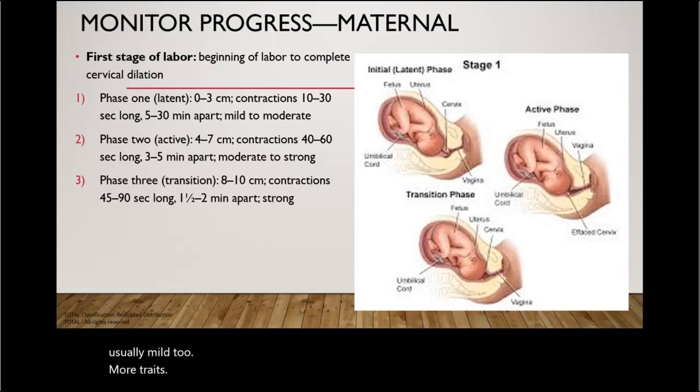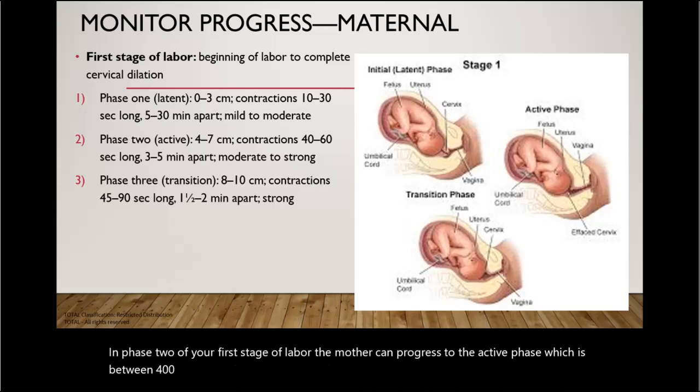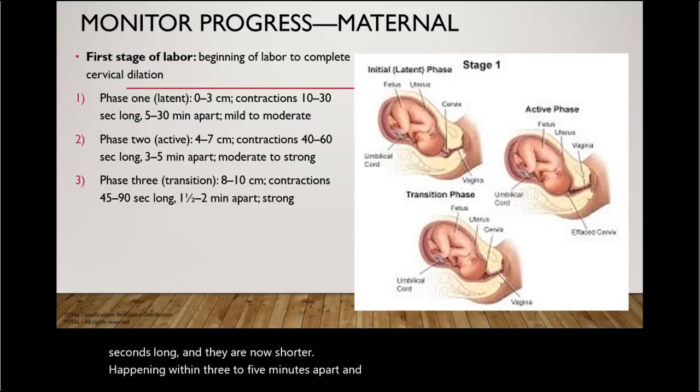In phase 2 of the first stage of labor, the mother can progress to the active phase, which is between 4 and 7 cm. Contractions now become more intense, between 40 to 60 seconds long, and they are now shorter, happening within 3 to 5 minutes apart, and it's usually moderate to strong.